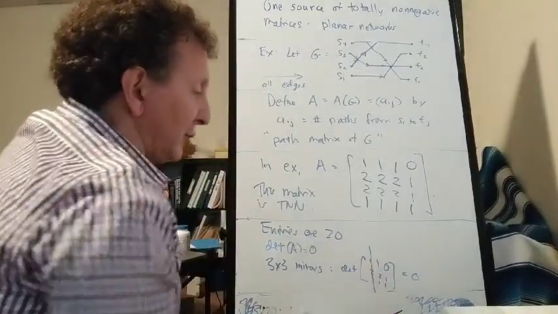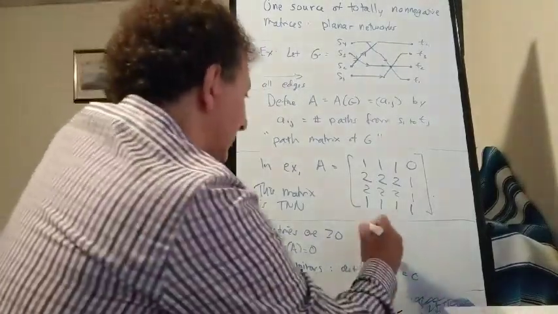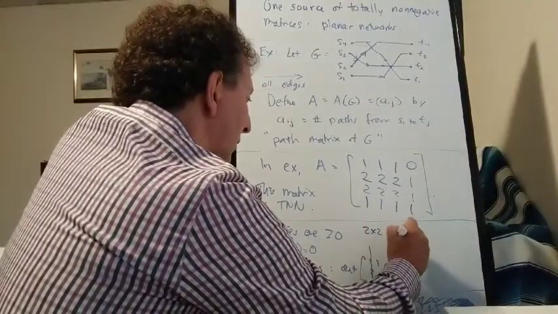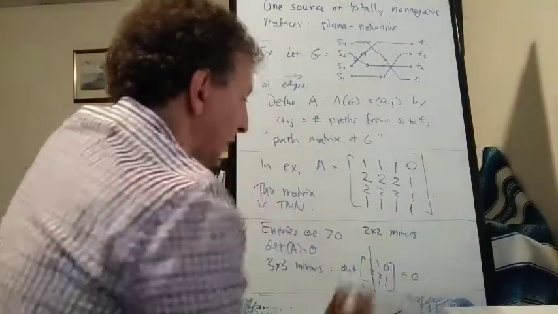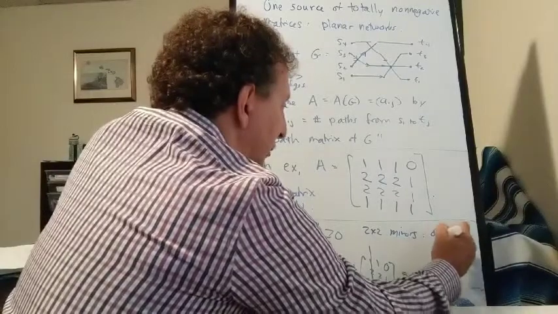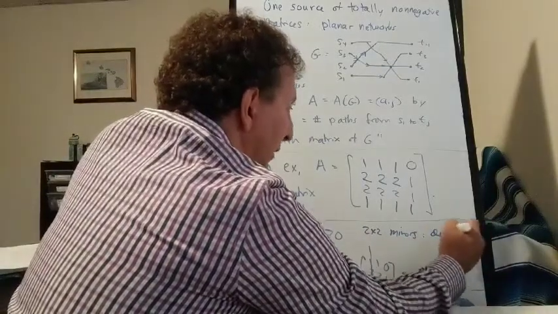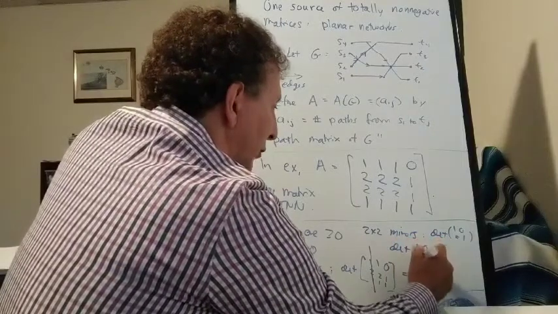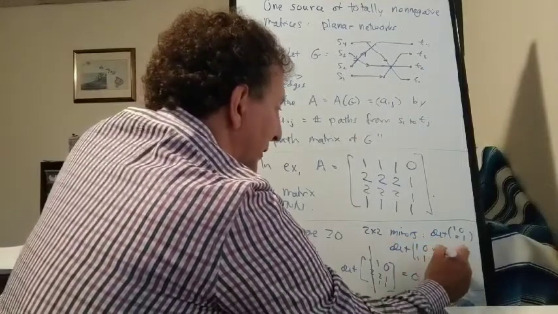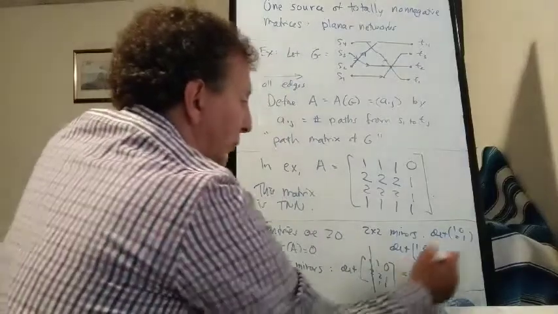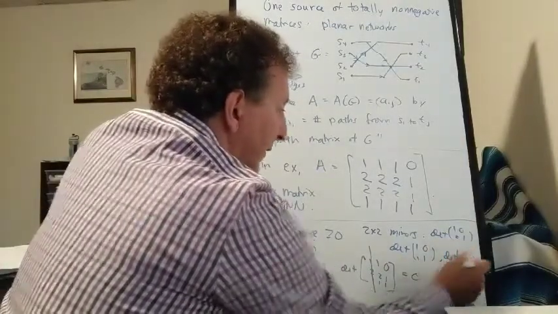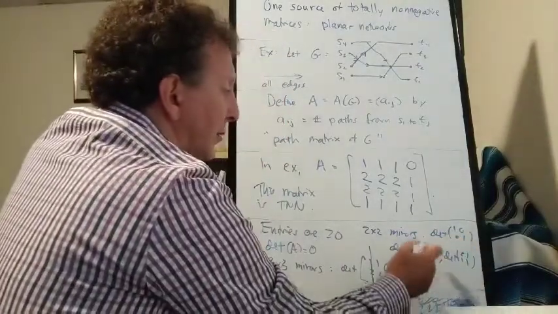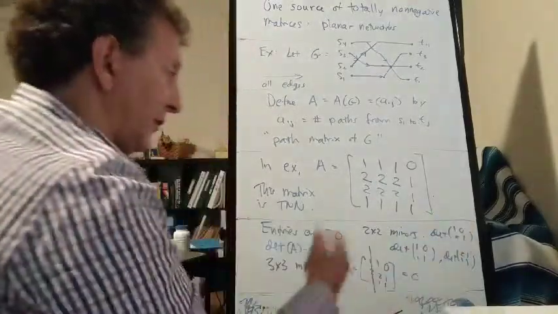So there's only 3 2 by 2 minors. We've got determinant of 1, 0, 2, 1, or determinant of 1, 0, 1, 1, or determinant of 2, 1, 1, 1. 2 minus 1 is 1, 1 minus 0 is 1, 1 minus 0 is 1. So those are all non-negative.